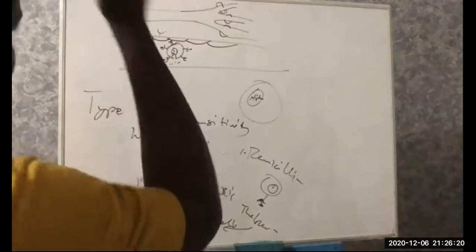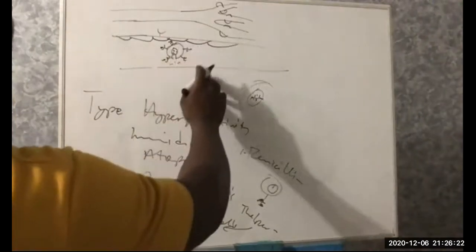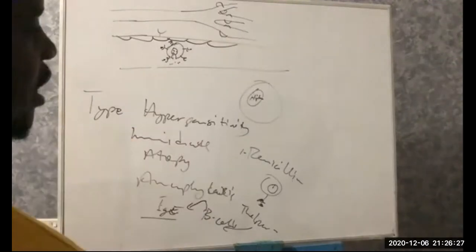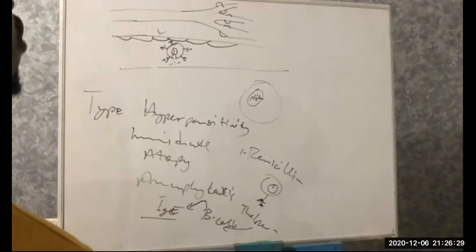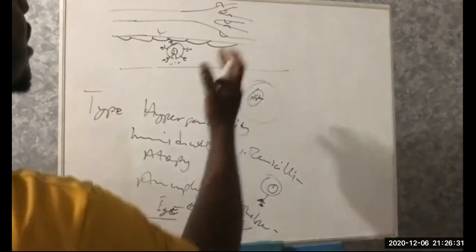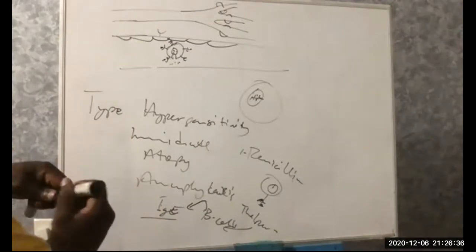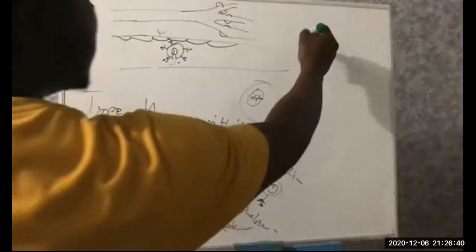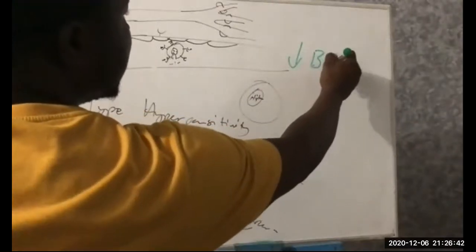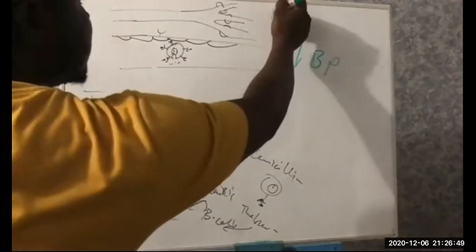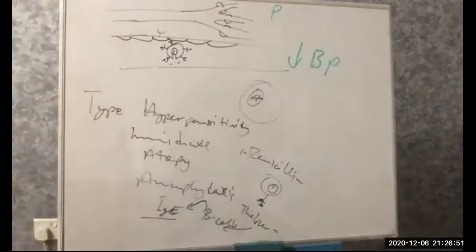Histamine will cause the smooth muscle to relax, and that peripheral resistance maintaining the blood pressure will not be there. There will be peripheral pooling of the blood and the blood pressure will drop, because there is excessive vasodilation, especially at the peripheral resistance vessels.